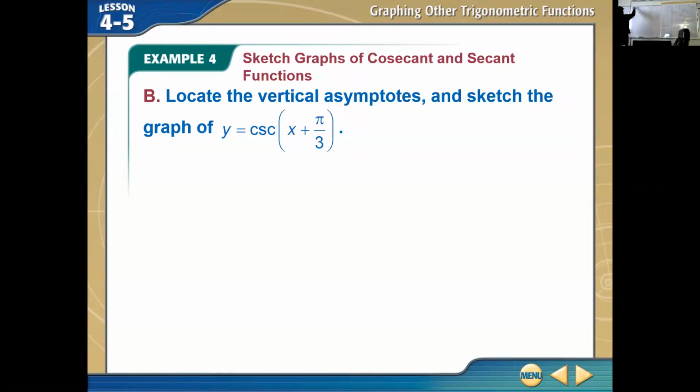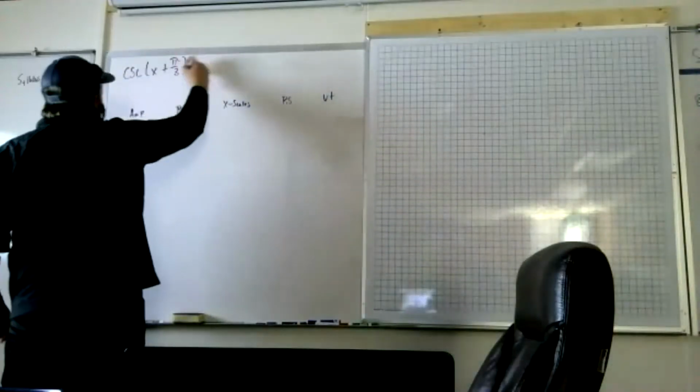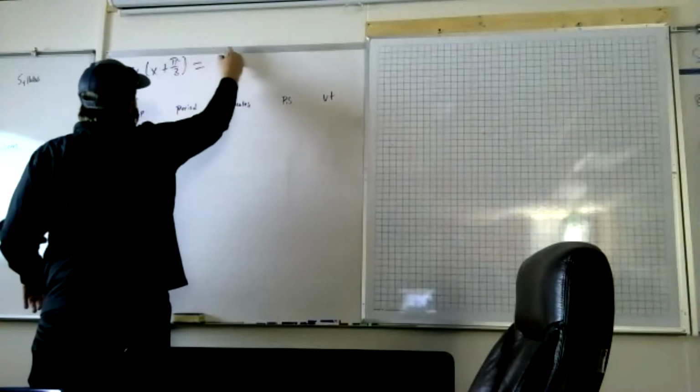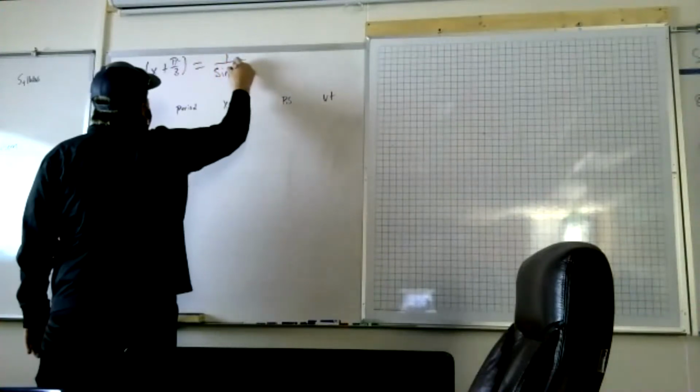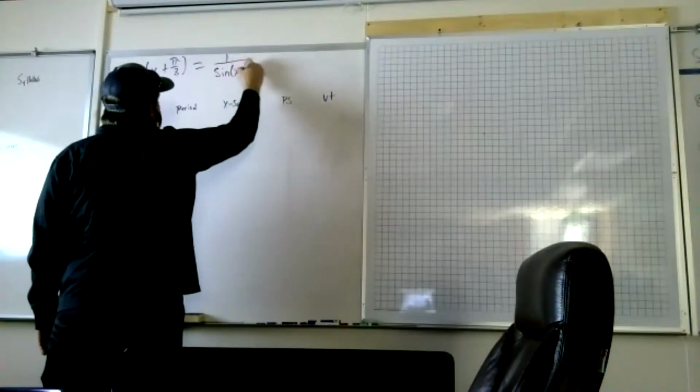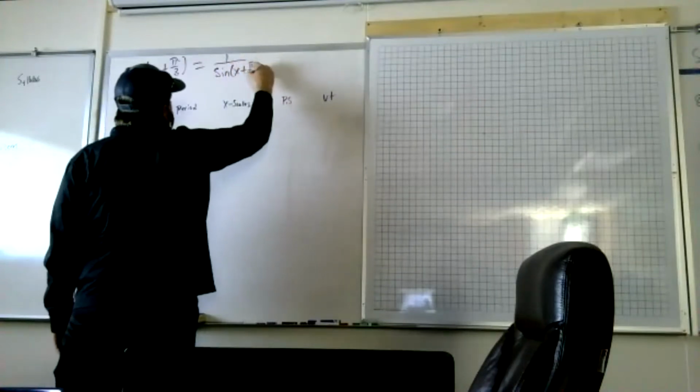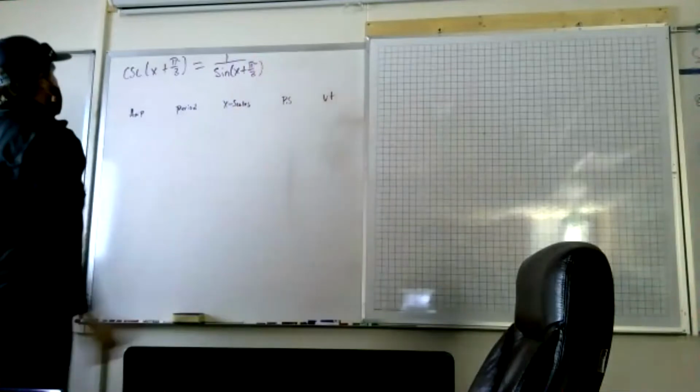So it's cosecant of x plus pi thirds, right? So in all reality, what that is is 1 over the sine of x plus pi thirds. That's really what we're dealing with.